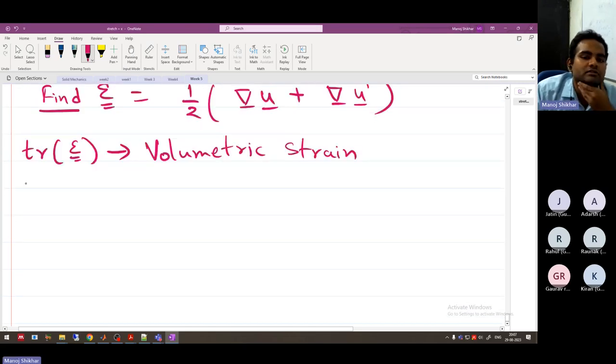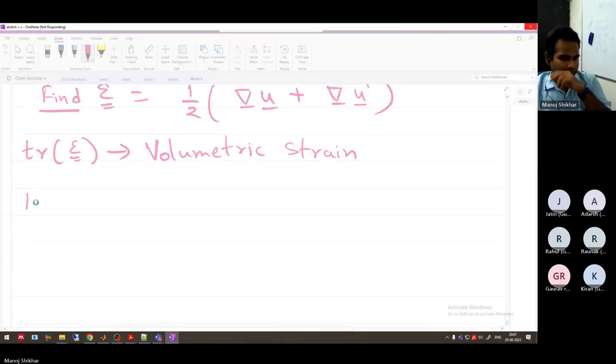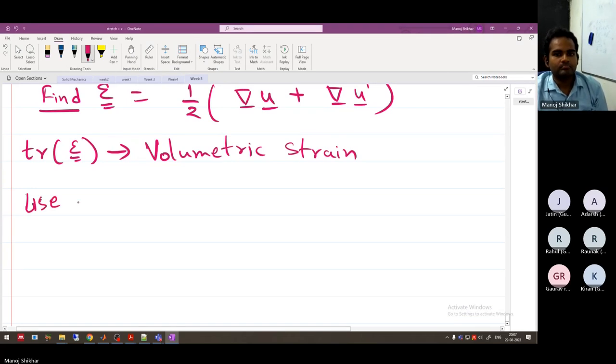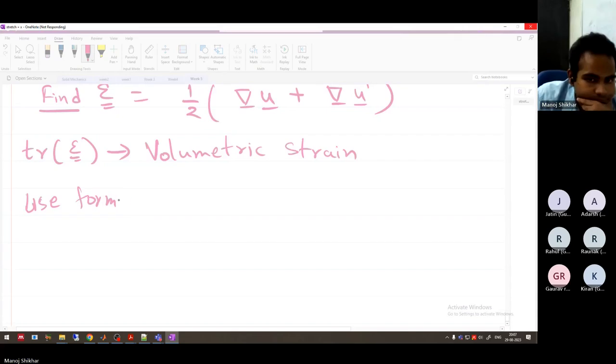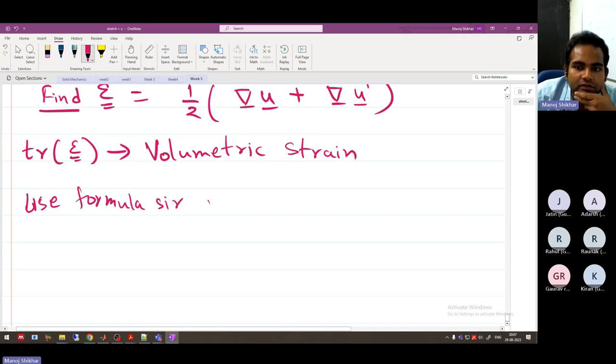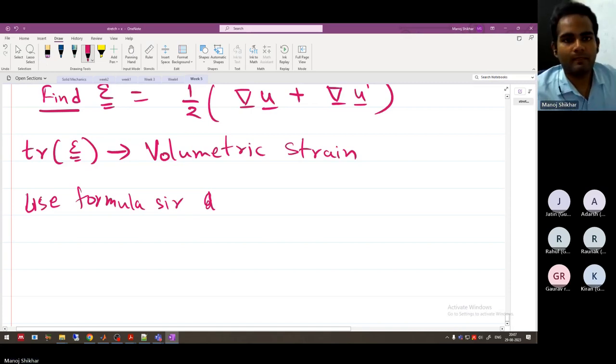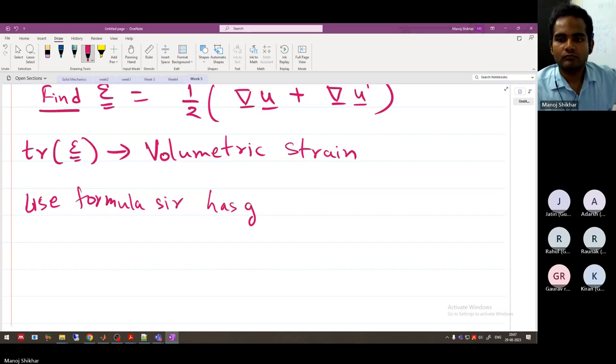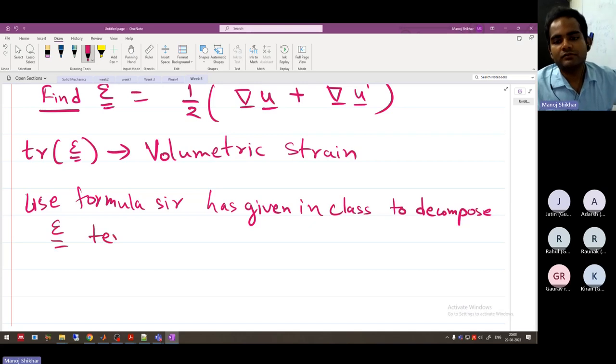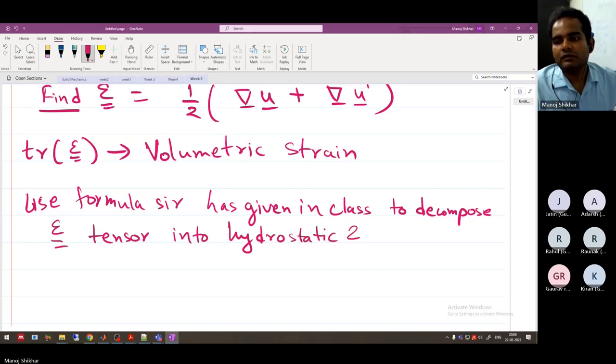And you can use the formulas sir derived and has given in class to decompose the epsilon tensor into hydrostatic and deviatoric parts.